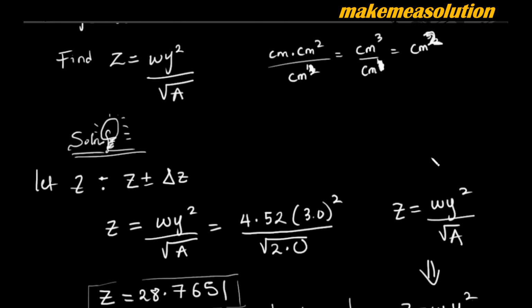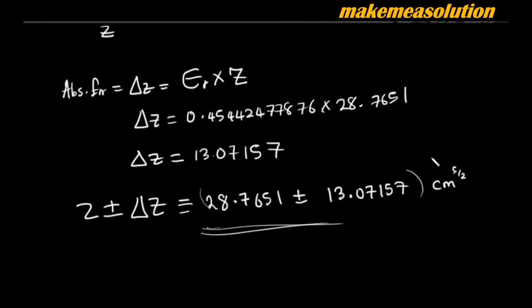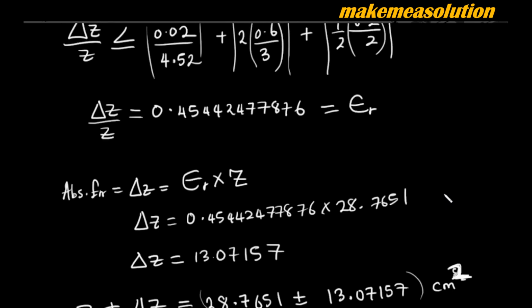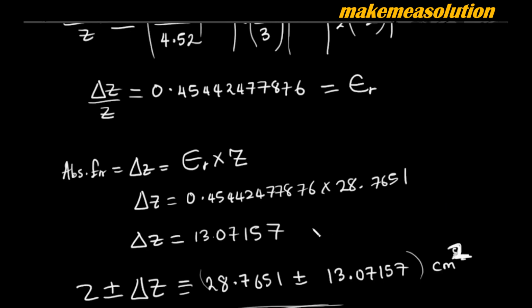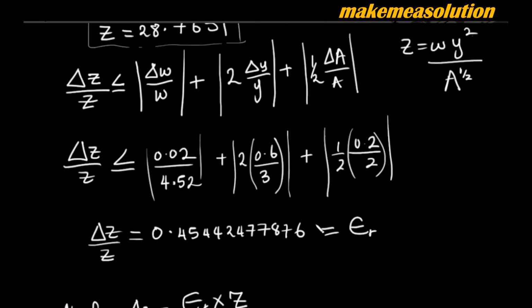So the final answer is also cm squared. I think I made a mistake when I was taking note of the units. The values that have units, the final value and the absolute error, will all be in centimeters squared, but the relative error is dimensionless.